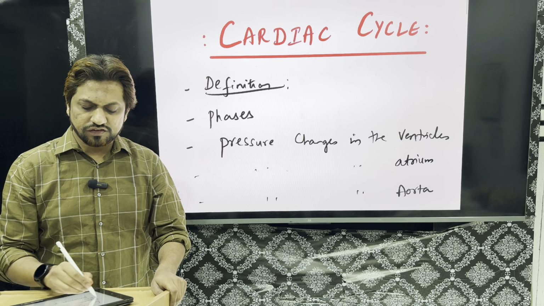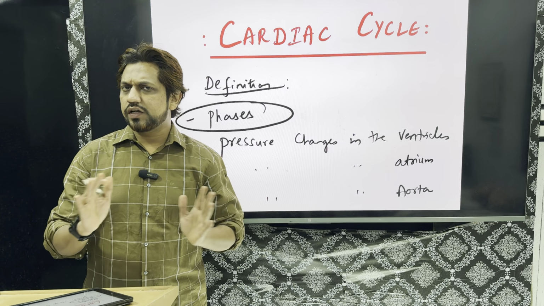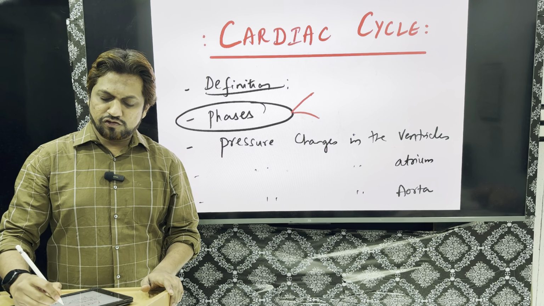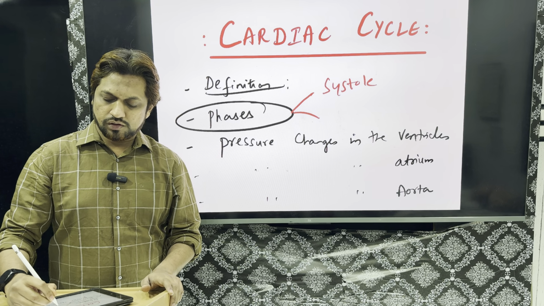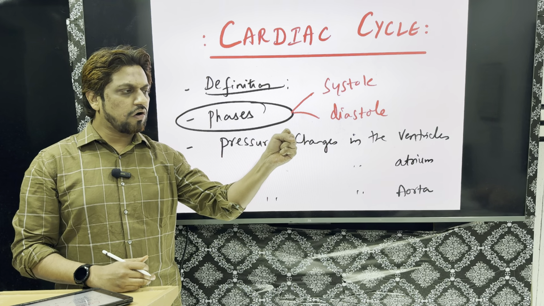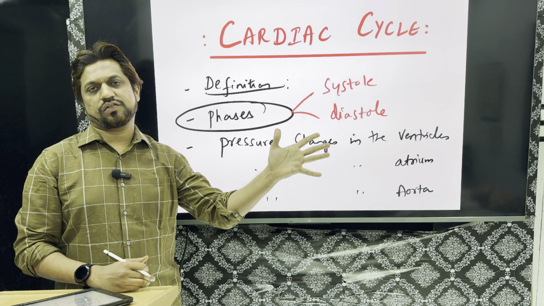Now what are the phases of the cardiac cycle? Broadly, there are two phases: systole and diastole. Systole means contraction of the heart and diastole means relaxation of the heart.